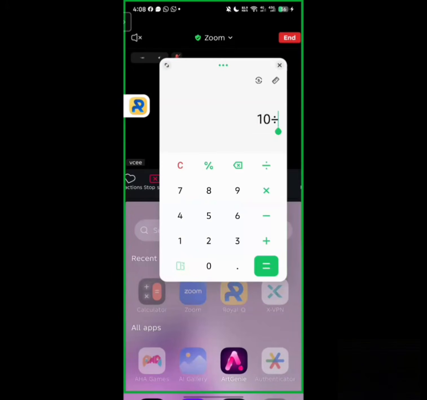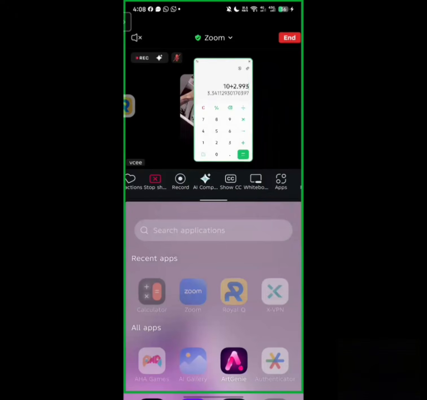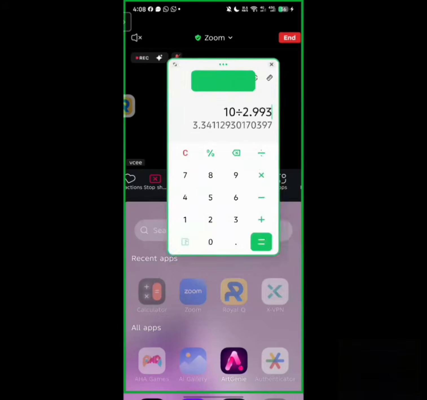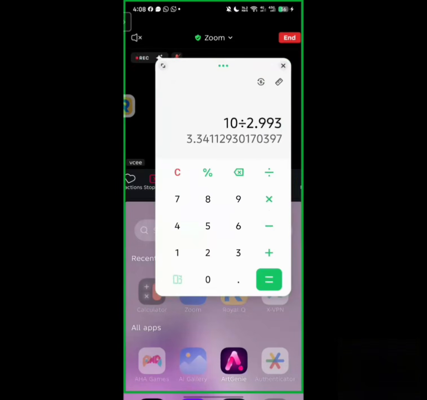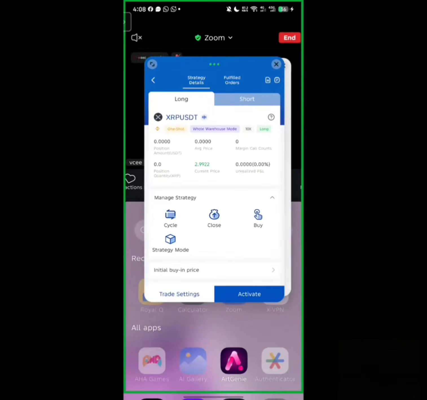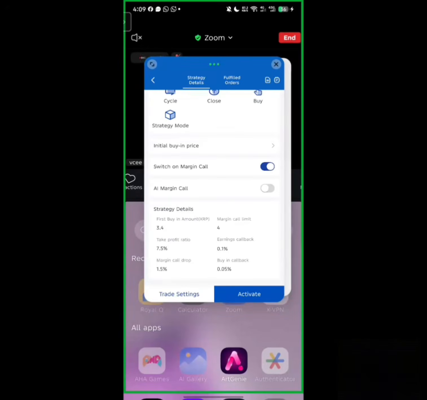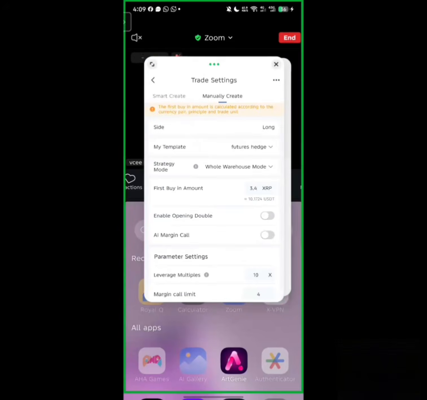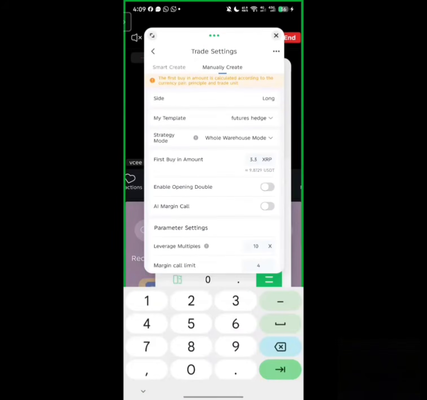So $10 divided by 2.993, and you see, it's already given me 3.34. So you just come there on your Royal Q and use 3.34. But it will not allow you 3.34, so you have to approximate it to 3.4, giving you 10.1.